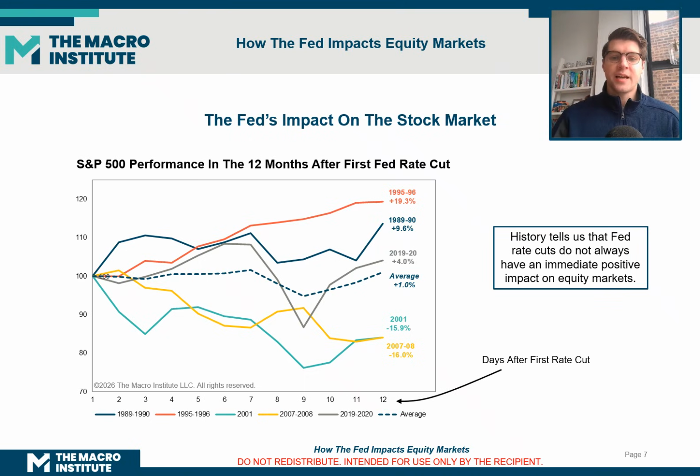Now, obviously, each of these cycles has their own unique traits. But this is just to say, it takes a long time for rate cuts to work their way through an economy. So at the time that the Fed starts to cut rates, it's important to remember things aren't going well, and it's going to take a while for those rate cuts to flow through.